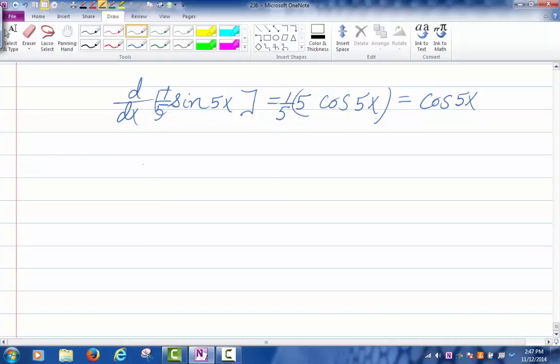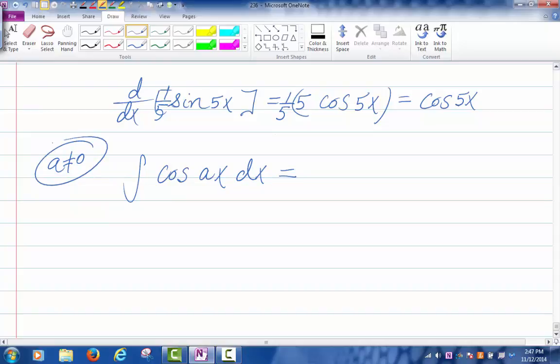What do you think is the integral of cosine of a times x dx, where a is a non-zero constant, let's say? So a is not 0.